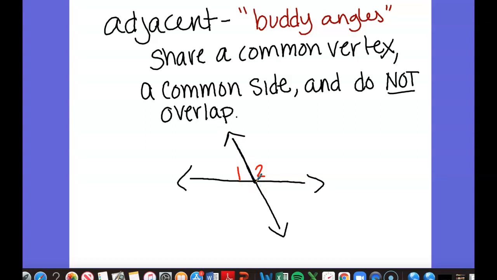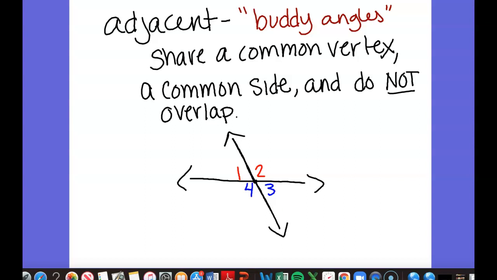And they're right next to each other, so they're buddy angles. Angle 3 and angle 4 are also adjacent angles because they again share a common vertex and a common side, and they do not overlap each other.